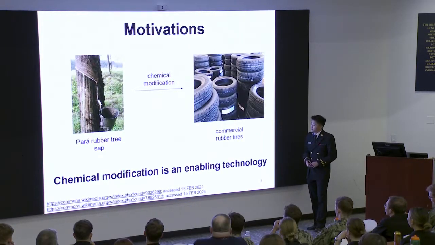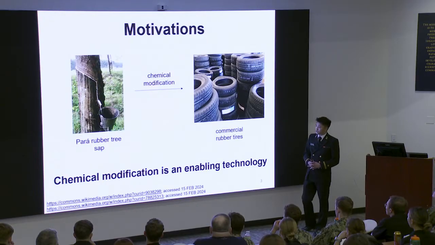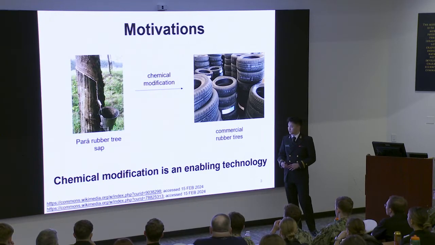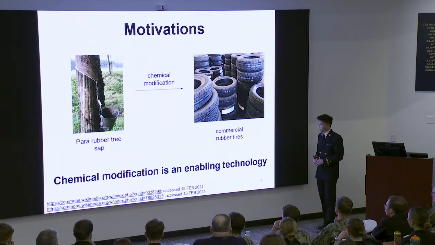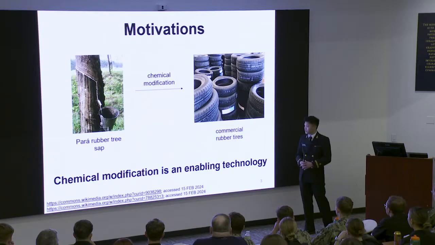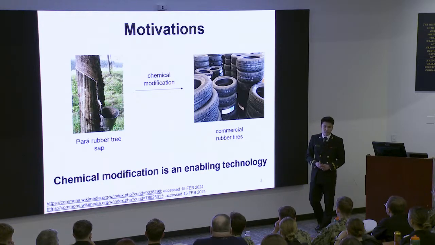Similarly, chemistry's impact on the development of materials can be observed through the production of the commercial rubber tire. Originally discovered by indigenous people of Mesoamerica, the sap of the para rubber tree had many primitive applications. In 1839, the application of vulcanization to natural rubber led to the manufacturing of pneumatic tires.